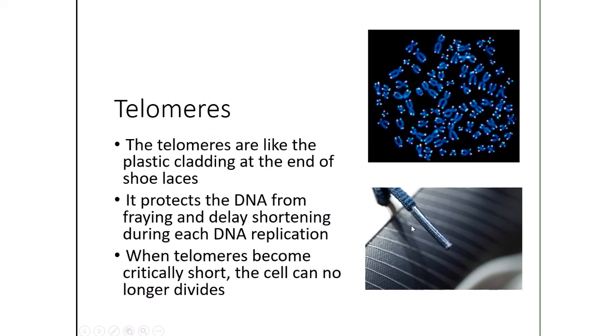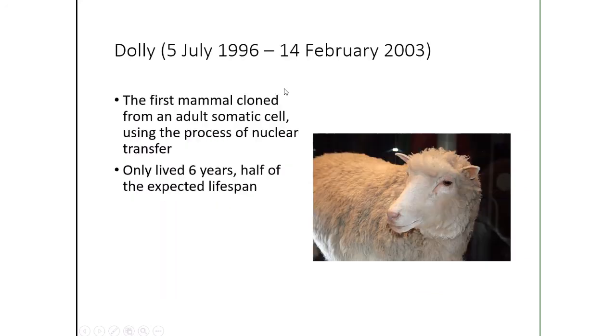They prevent the DNA from fraying at the ends, and delay the shortening process during DNA replication. Here in this picture, you can see the X in the middle are the chromosomes, and then the dots at the ends are the telomeres. Okay, so they protect the ends of your chromosome.